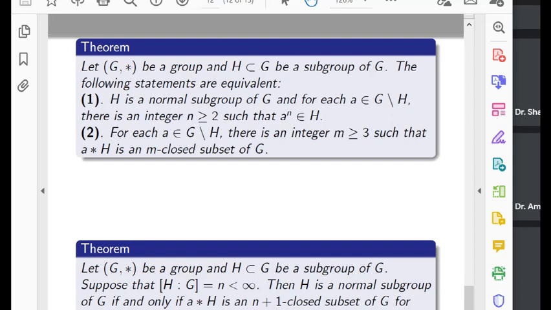Because I mentioned earlier there are some sets that are not two closed, but they are 3 or 4 or 5 closed. So can we use these sets to give some results, or I don't know what you can do with it.